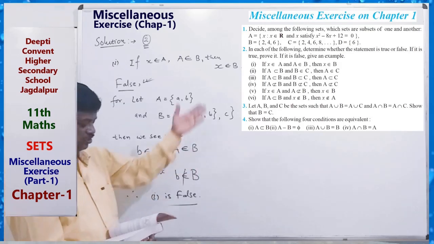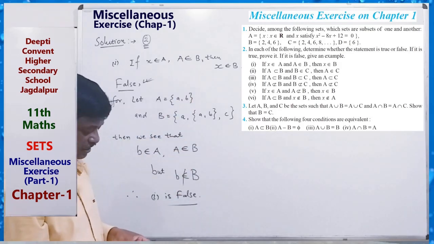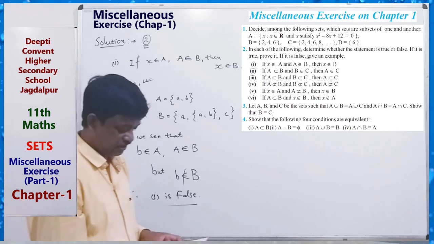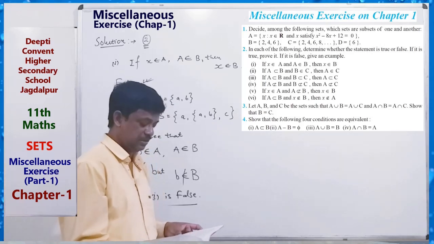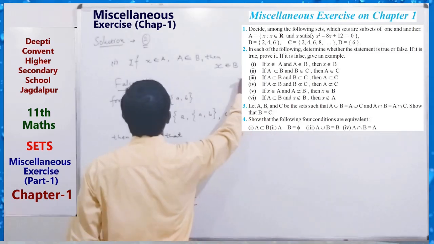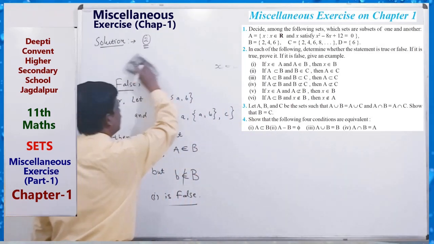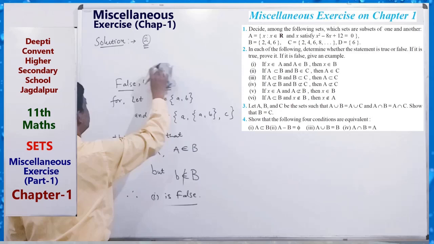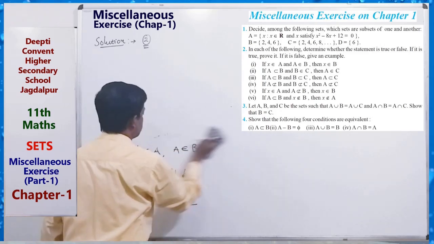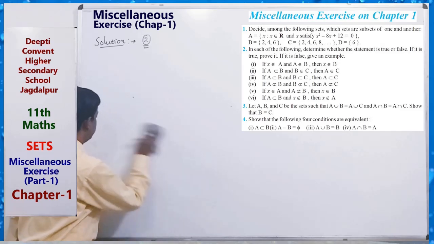Similarly, you can show A subset B and B belongs to C, then A belongs to C. Here it is also, I think, false. You have to take only an example. Okay.